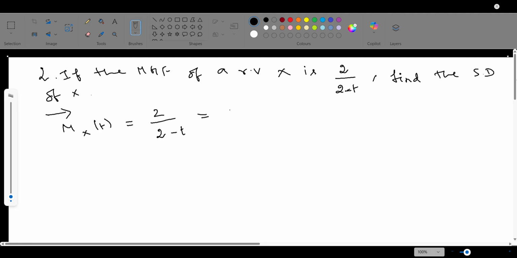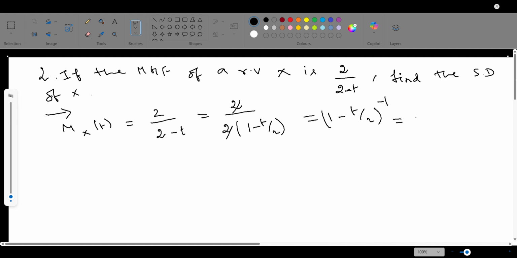This can be written as 2 by, when you take 2 outside, 1 minus t by 2. 2 and 2 are cancelled. We can bring this up: 1 minus t by 2 to the power minus 1.